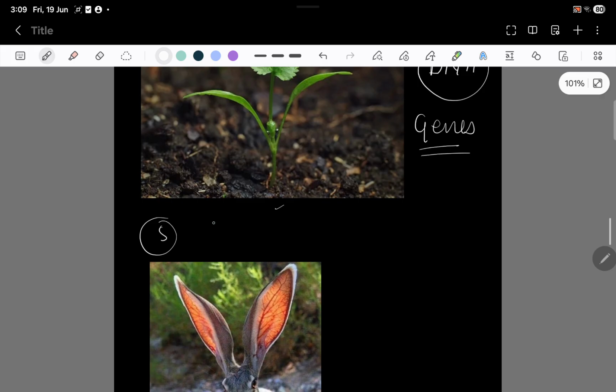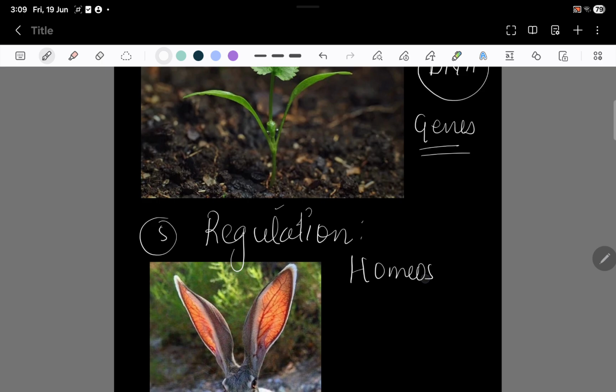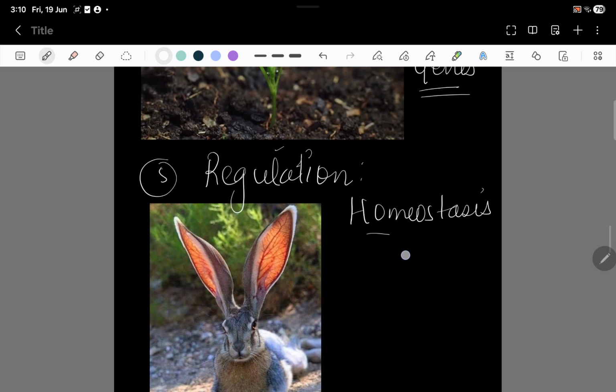Now if I say maintaining constant body temperature by homeothermic organisms, see, if I say homeostasis, right, that is the example of regulating the inside environment.